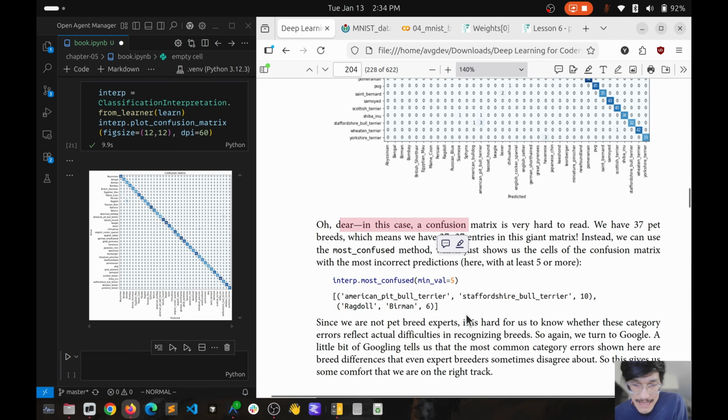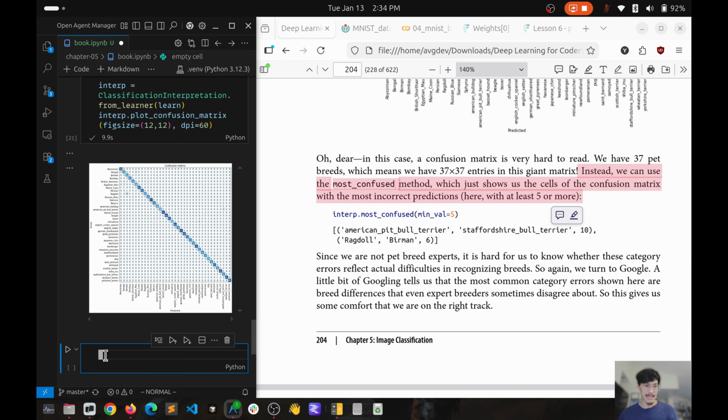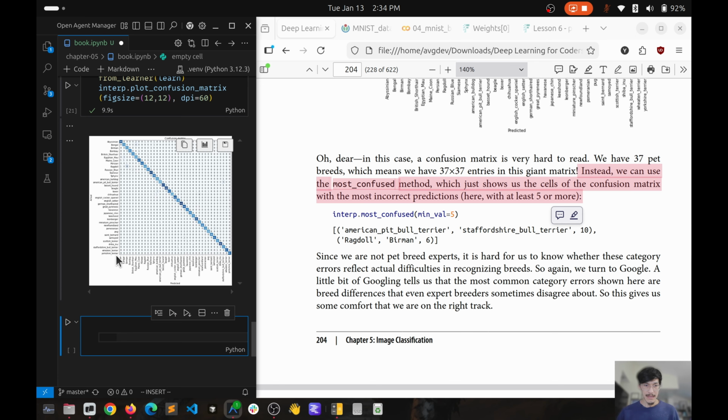Oh dear, in this case, a confusion matrix is very hard to read. We have 37 pet breeds, which means that we have 37 by 37 entries in this giant matrix. Instead, we can use the most confused method, which just shows us the cells of the confusion matrix with the most incorrect predictions, here with at least 5 or more. So this is another helper. Interp.most_confused with min_val.